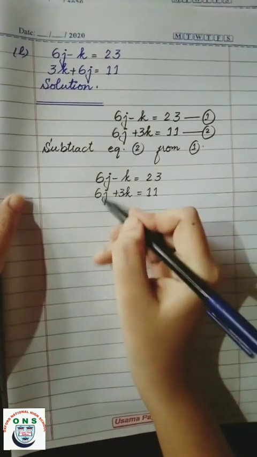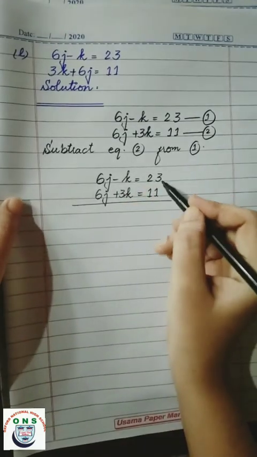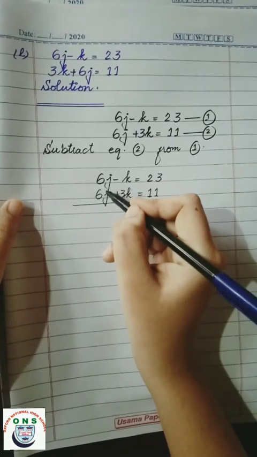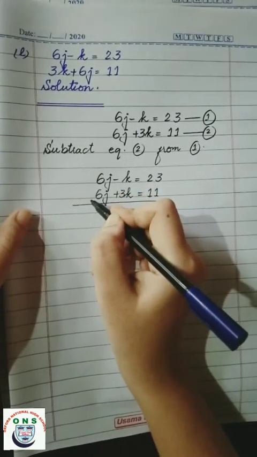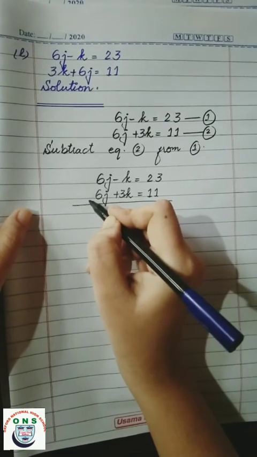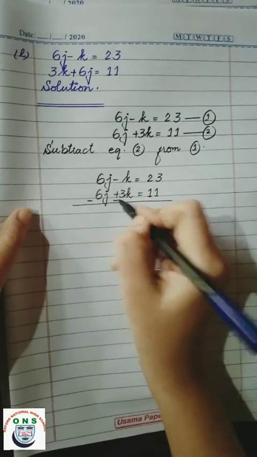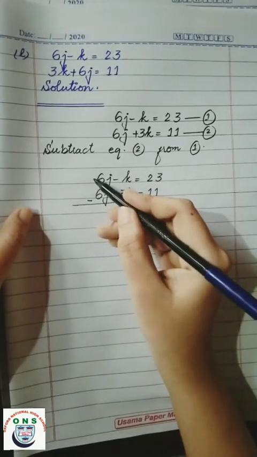Okay students, now we are going to subtract these equations. Equation 2 is subtracted from equation 1. They have the same sign and same coefficients, so we want to cancel them by subtracting. If we subtract, their signs will be changed: positive will become negative, negative will become positive.